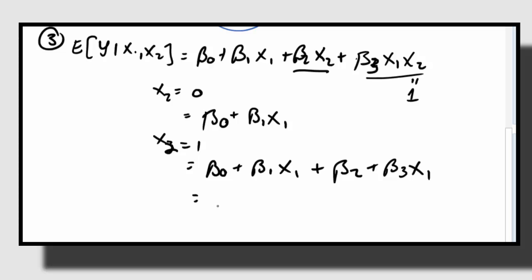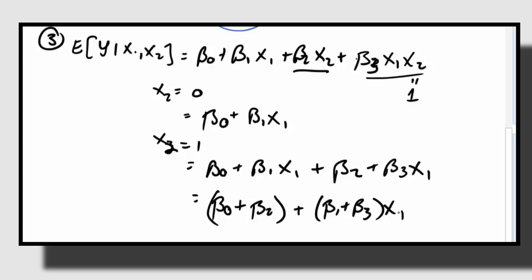Okay, now let's reorganize terms, and that's beta naught plus beta 2 there plus beta 1 plus beta 3 x1. Okay, so what we've seen is if we include an interaction term, then we fit two lines, but now those two lines have different slopes. If we omitted that interaction term, we fit two lines, but they had the same slope. If we include the interaction term, two lines, different slopes, and different intercepts.